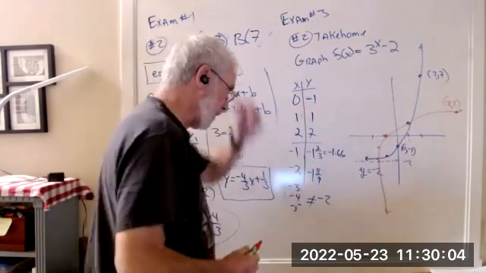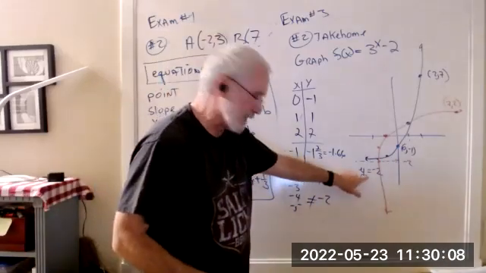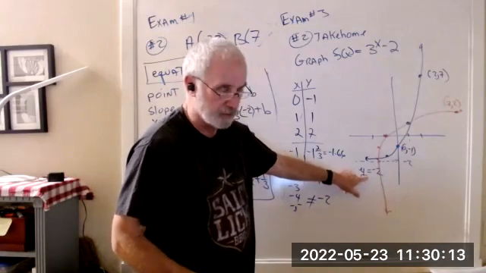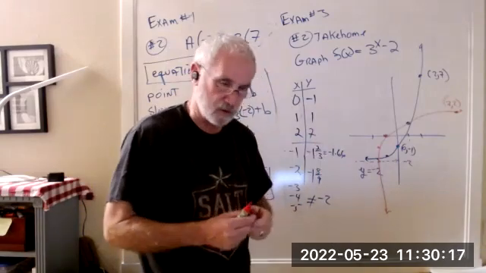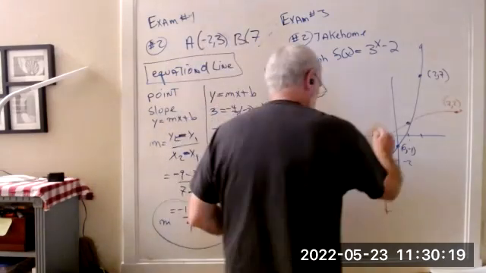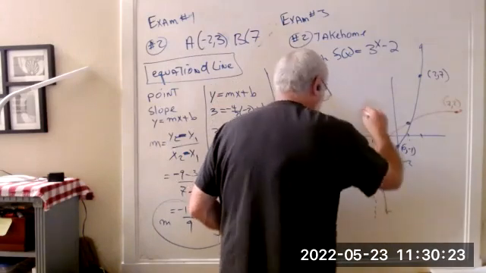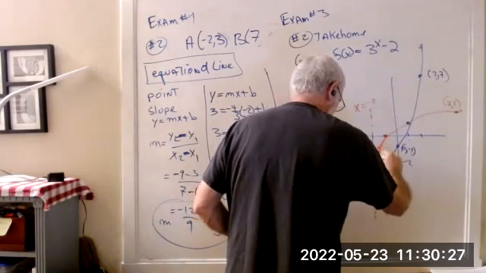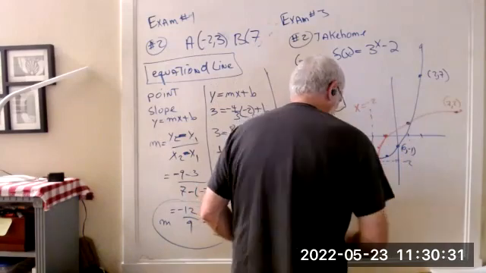Now, one last thing. If you swap x's and y's, what will happen to the asymptote? The original asymptote was y equals negative 2. What's its inverse asymptote? It will be x equals negative 2, because you flip-flopped all of the ordered pairs, all of the x's with y's.